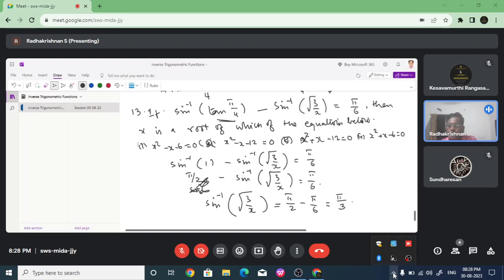Pi by 2 minus pi by 6 is 2 pi by 6, which is equal to pi by 3.